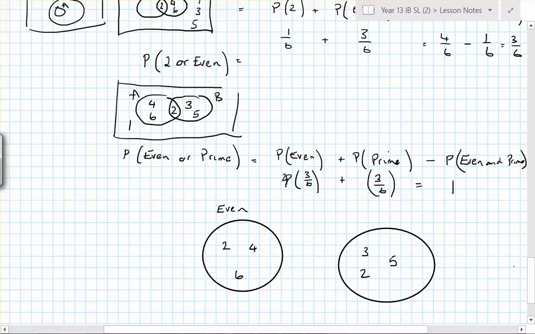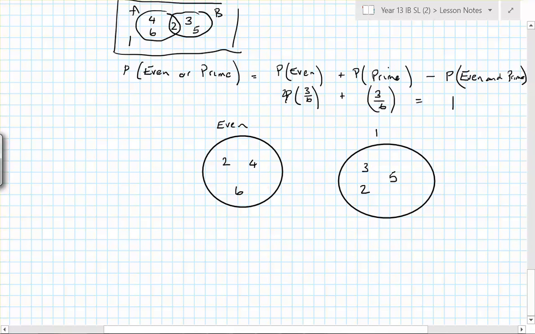Now, if I were to say what is the probability of taking a number that is either even or prime, well, you would say, well, it's 3 out of 6 and another 3 out of 6, wouldn't you? But what's the problem? The problem is, if I do that, that 2 has been counted twice. And there is only one 2 on the dice. I can't increase the probability of getting a 2 just because it counts in both groups.